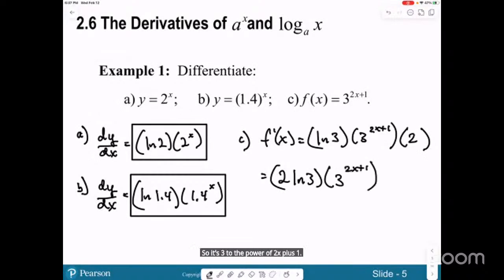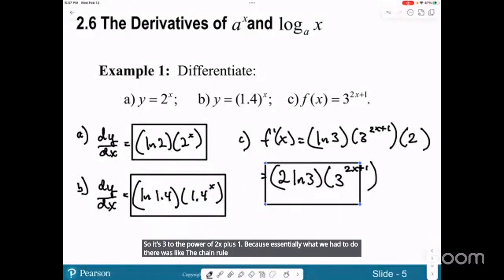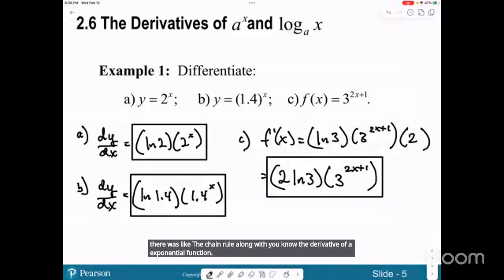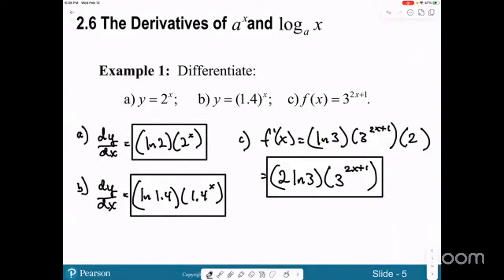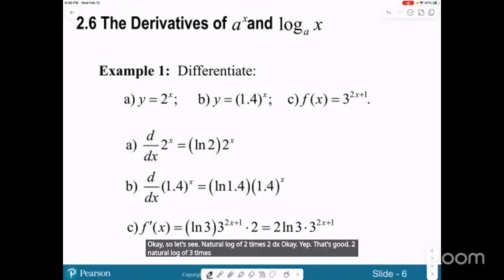Because what we essentially had to do there was the chain rule along with the derivative of an exponential function. Okay, yep, that's good.